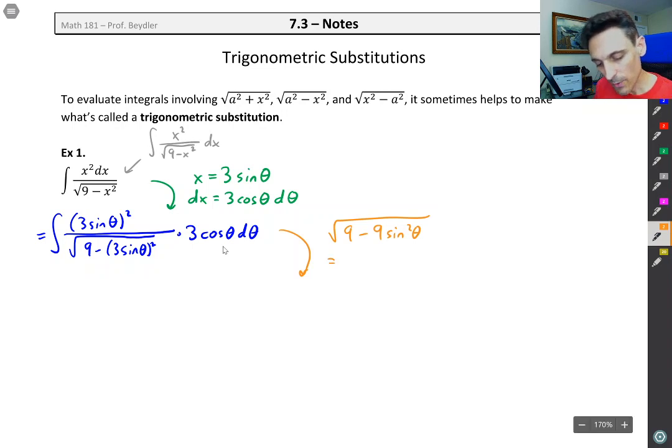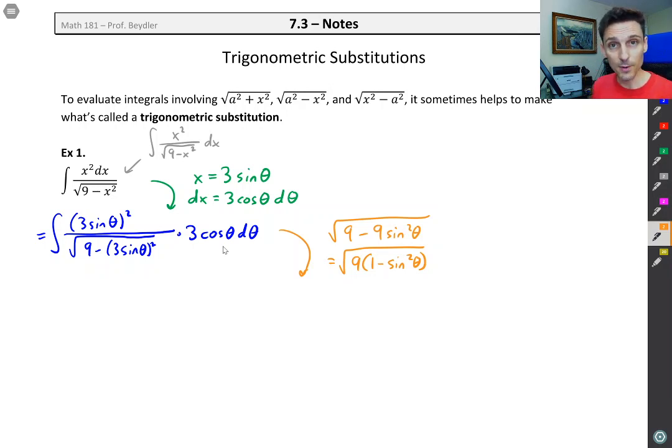And if we work on this a little bit, there's a 9 that we can factor out. So we have the square root of 9 times quantity 1 minus sine squared theta. And if you recognize the 1 minus sine squared theta, we can replace it with cosine squared theta.